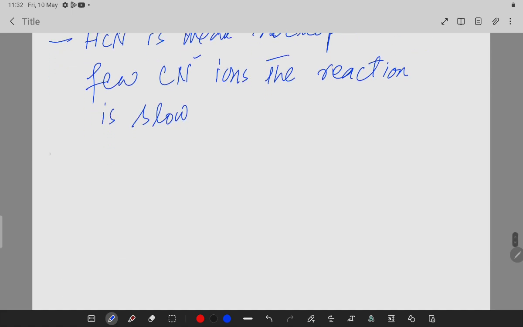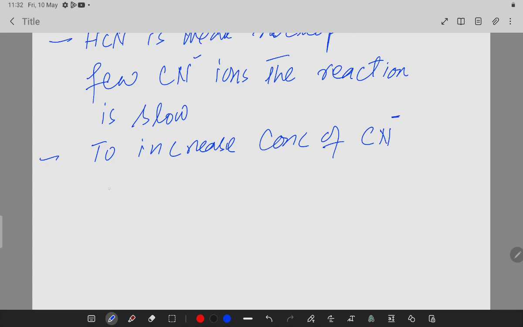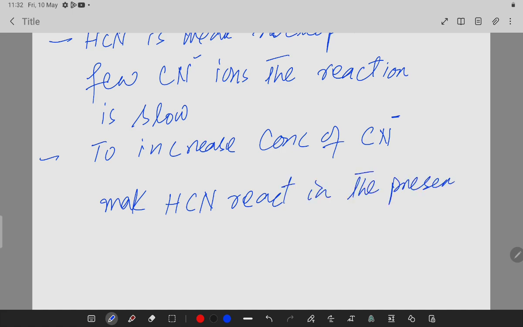To increase the concentration of CN negative, make HCN react in the presence of alkali, in the presence of sodium hydroxide.